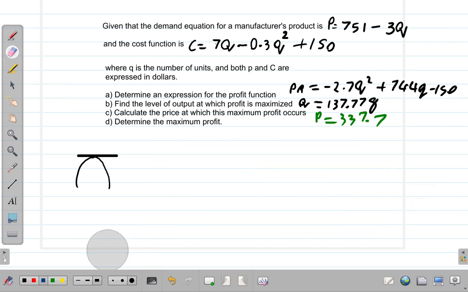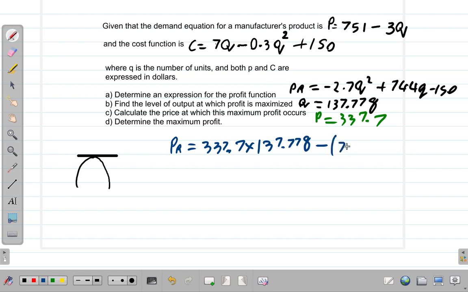The profit, PR, would be the revenue, the price times the quantity, so 337.7 multiplied by the quantity 137.778, minus the cost.